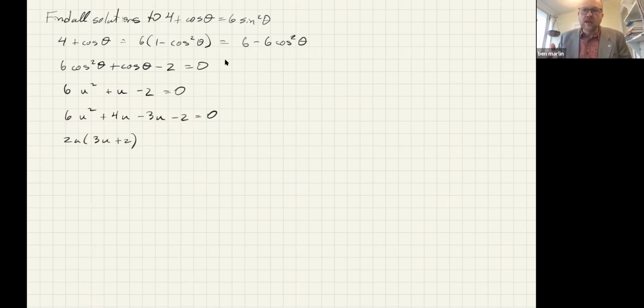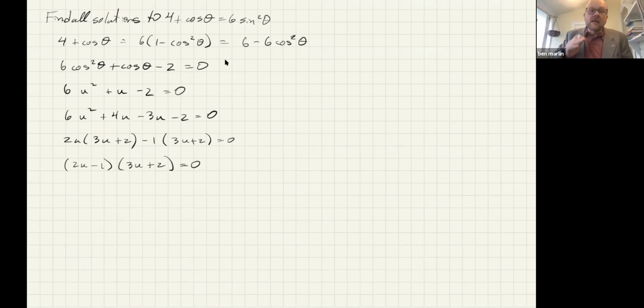If you come along and say, oh no, they didn't match, well, then you did it wrong, okay? The technique always works. Oh, wow, and for some reason the screen was slow to update. Okay, all right, and now we'll have 2u minus 1 times 3u plus 2 equals 0.